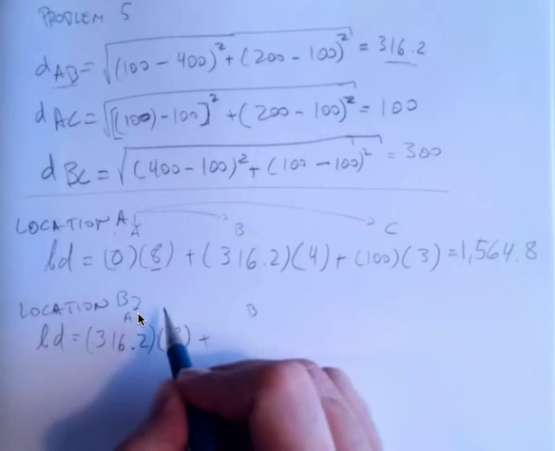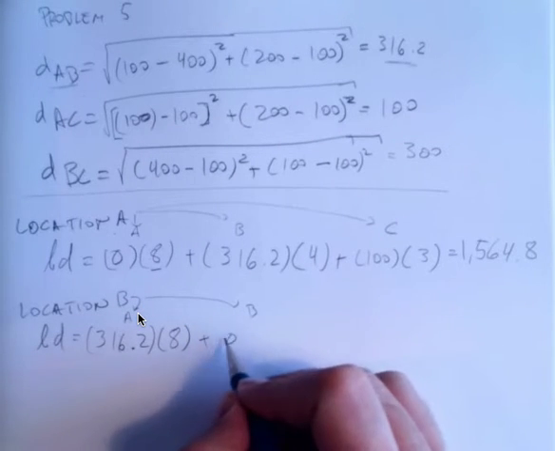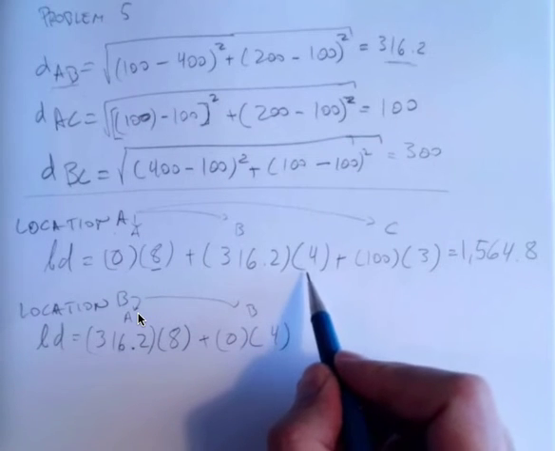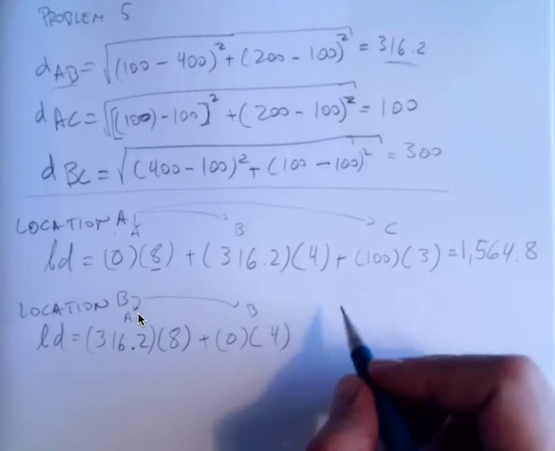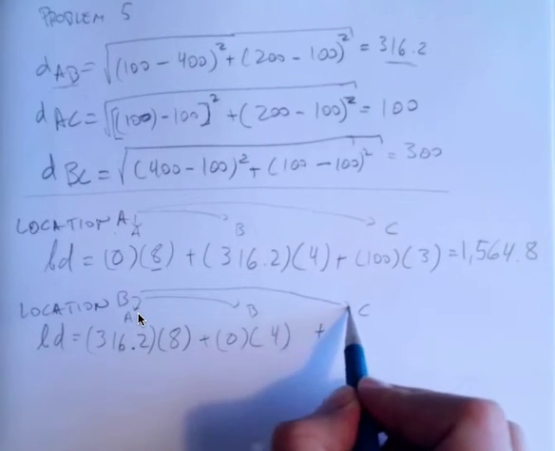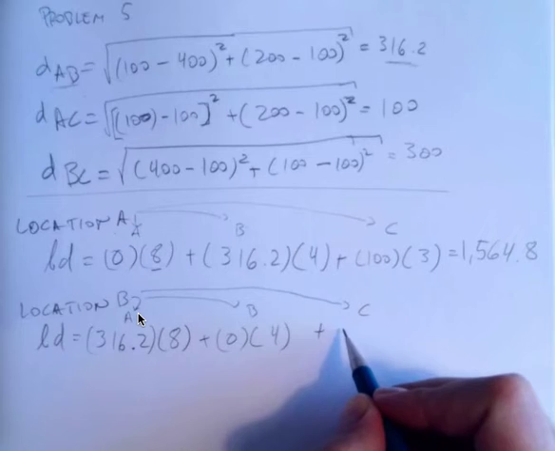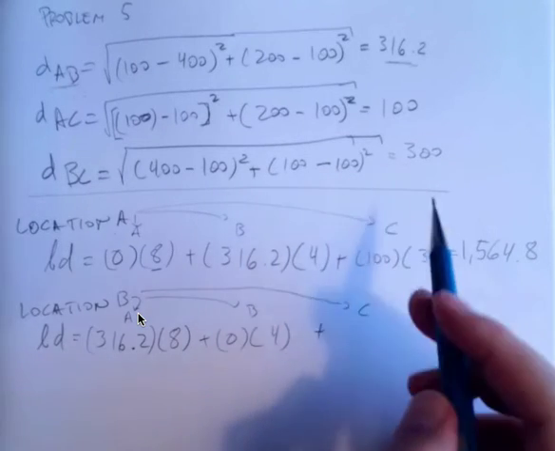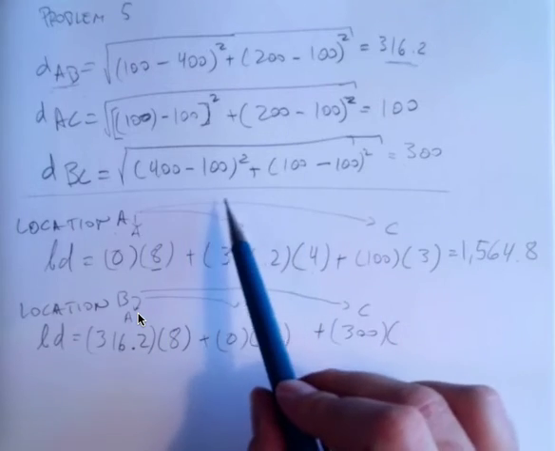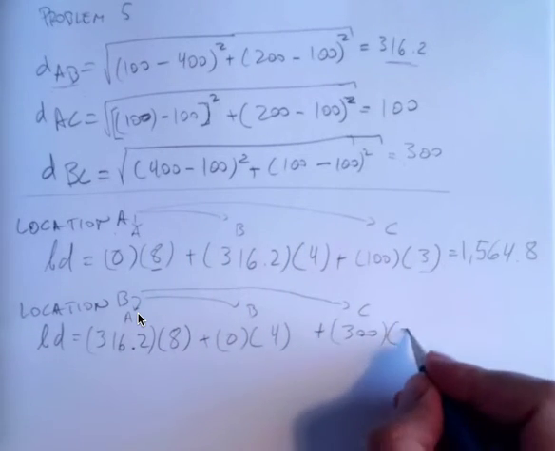Plus the distance between B and B, and again, we're going to consider that to be 0 because it's the same place, and the number of times I need to deliver at B is going to be 4, plus the distance between B and C, which, coming back to here, will be 300, and that will be delivered 3 times.